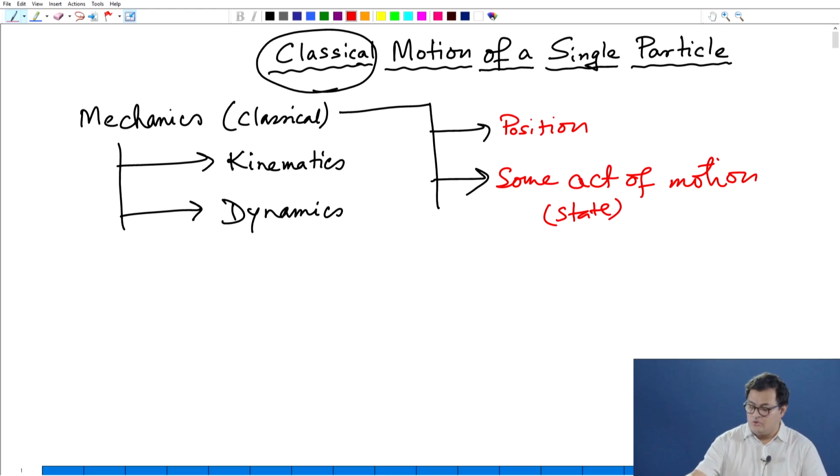For example, if it was at rest, it is now trying to move, or if it was moving, now it tries to be at rest. Here I am not talking about any technical terms, just common sense. Those two things are sufficient to give us the information about the instantaneous state of motion of a particle, that means for a given time, and this constitutes the kinematics.